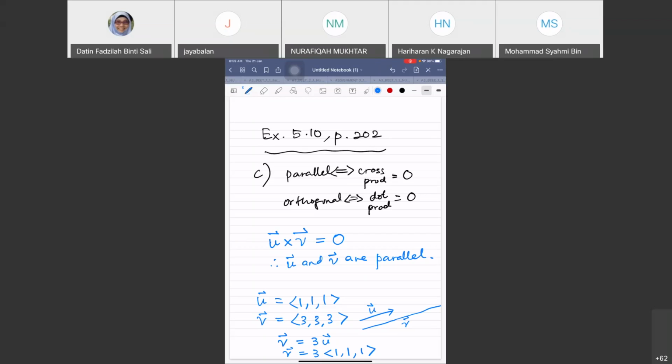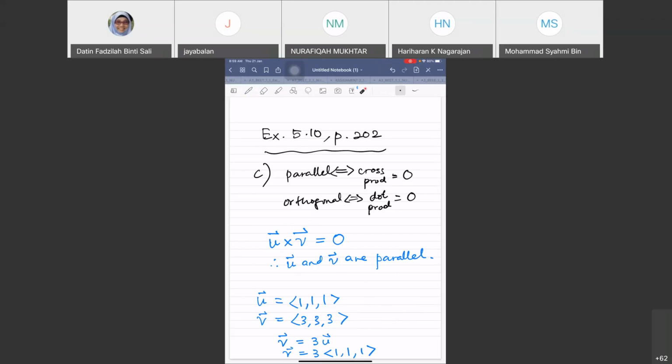But one way to tell is also using cross product. When cross product equals 0, we can say U and V are parallel. If cross product is not equal to 0, we say U and V are not parallel.